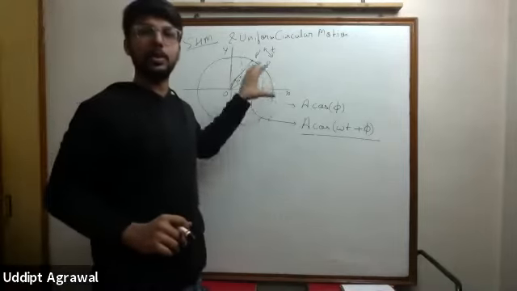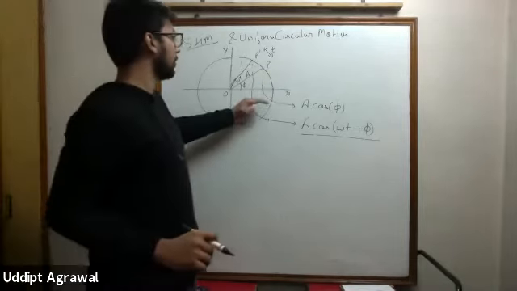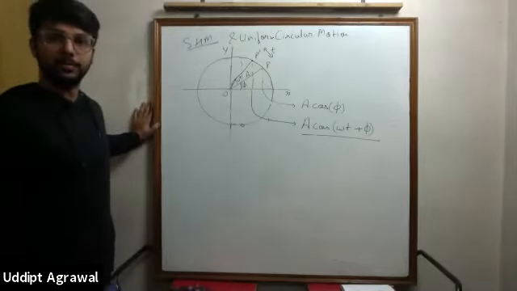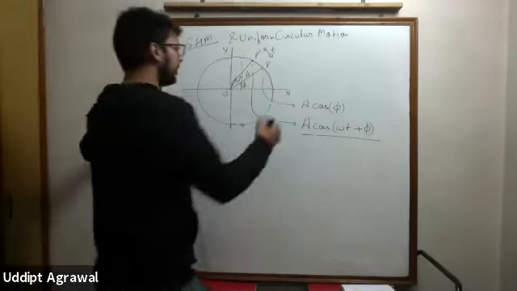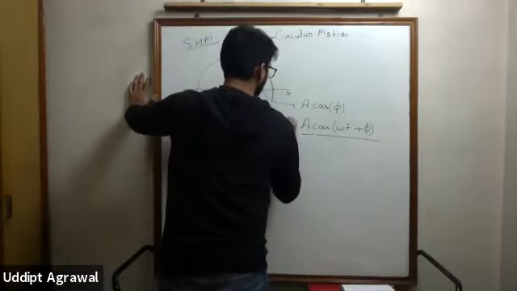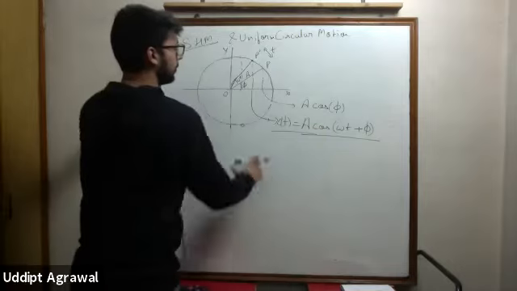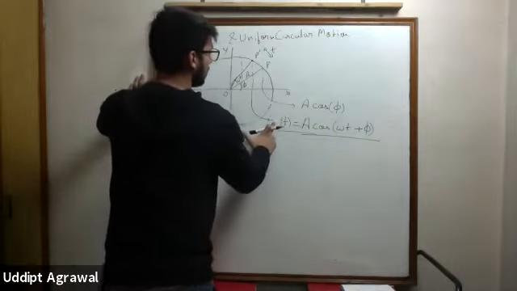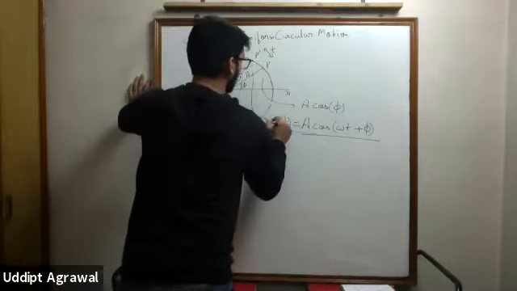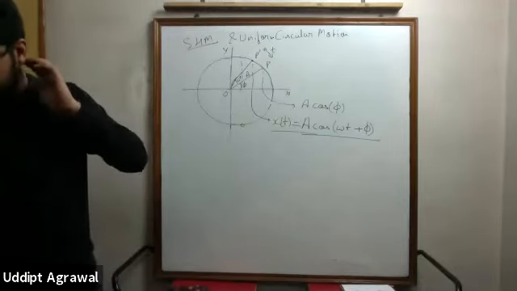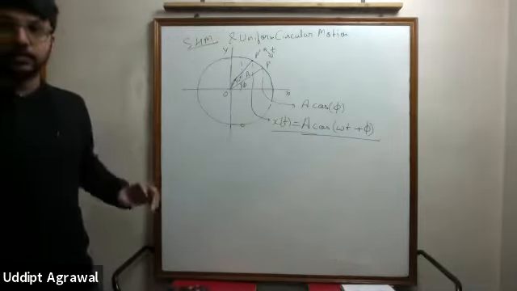So this becomes x(t), where x is essentially the position of the point. Did you get it now?